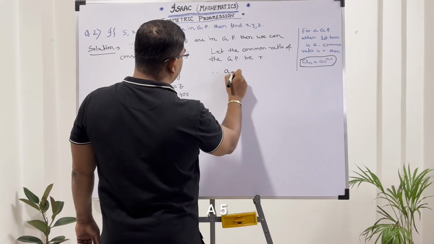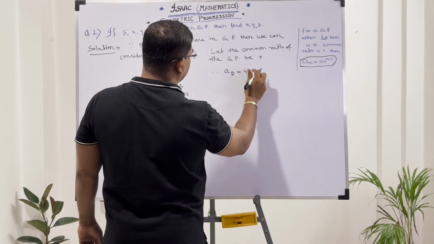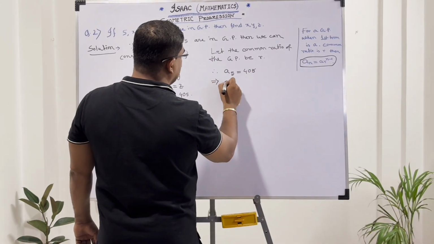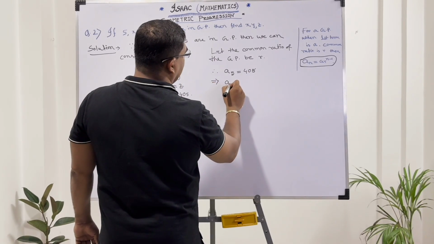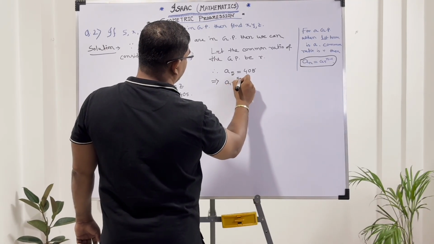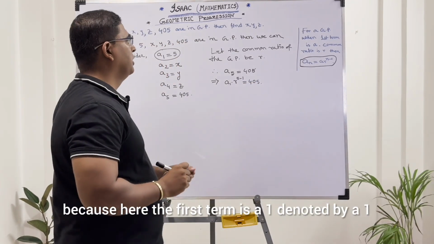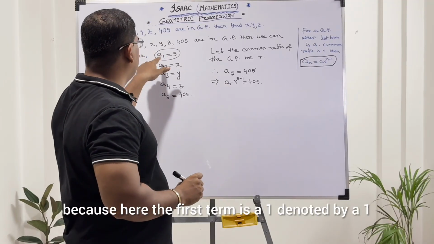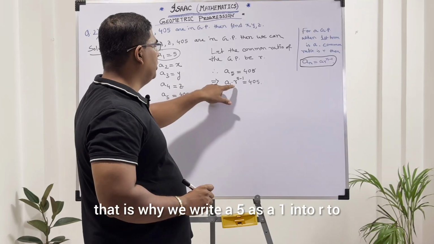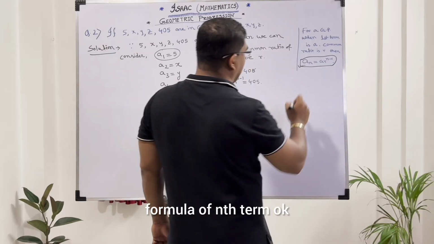Therefore, A5 equals to 405 implies A1 into R to the power of 5 minus 1 equals to 405, because here the first term is denoted by A1, that is why we write A5 as A1 into R to the power of 5 minus 1, following this formula of nth term.